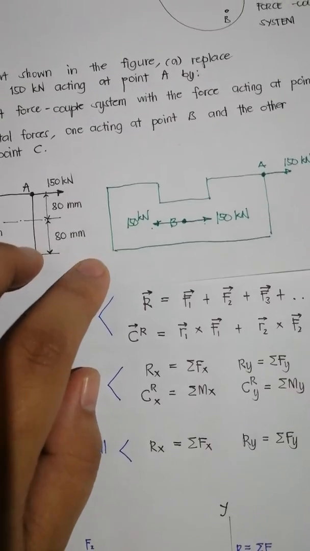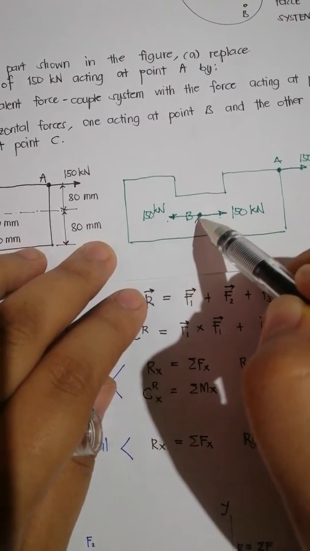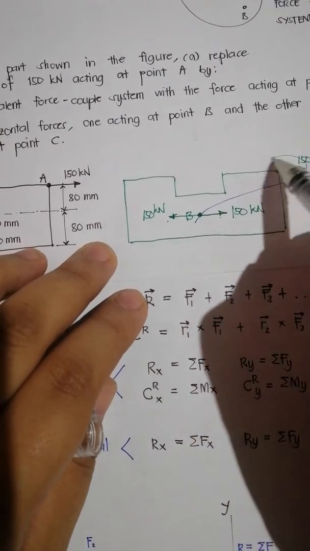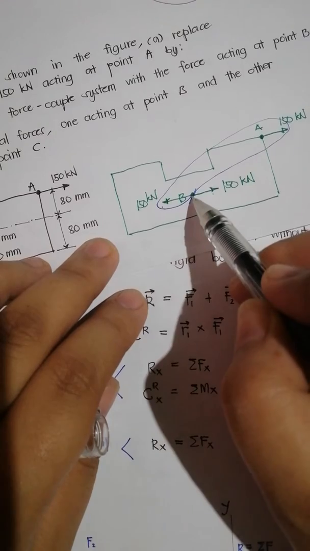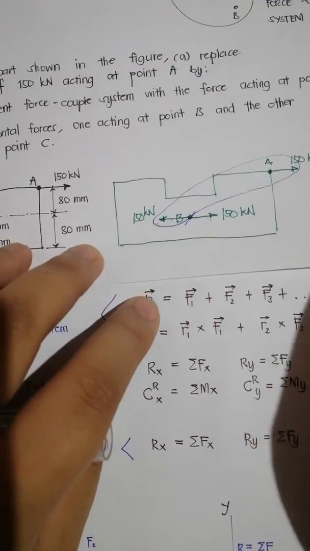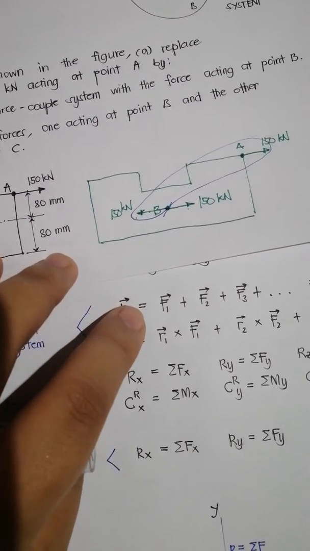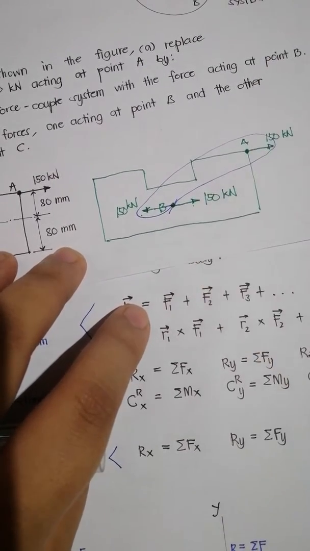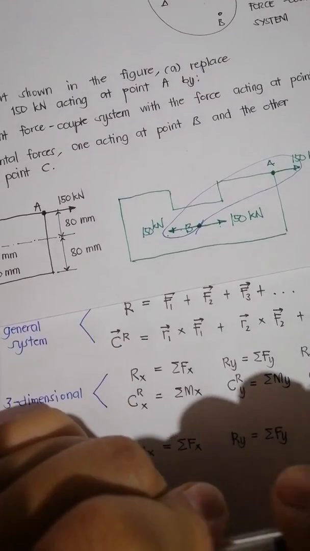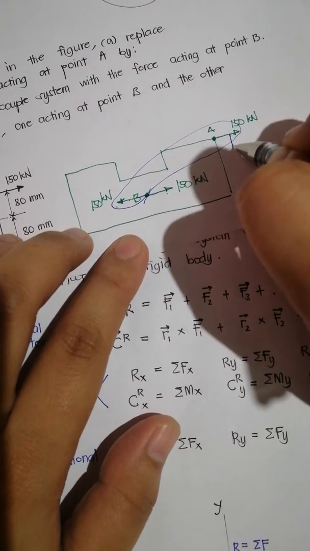Okay, so with this, we are able to form a couple. So this one, this is a couple. They have the same magnitude but opposite in direction, and their lines of action are parallel, of course. With this couple formed, the couple moment would be equal to, of course, the similar force.